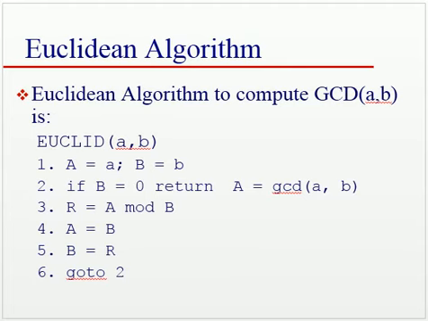So we can write this Euclidean algorithm to compute GCD of a, b as follows.